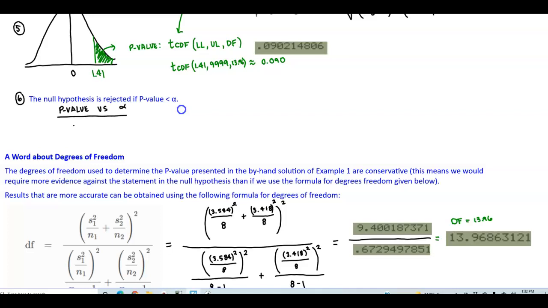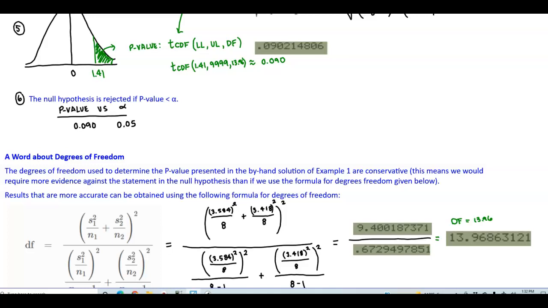The p-value, let me go ahead and rewrite that, is 0.090. And our significance level was 0.05.